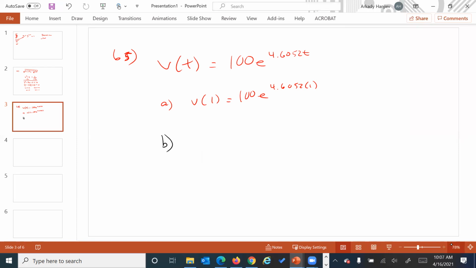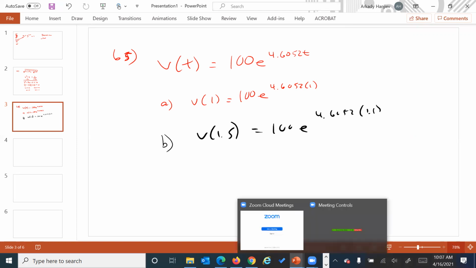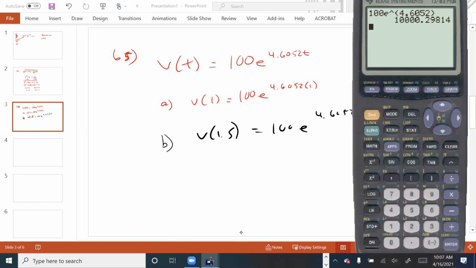And then this one, 1.5, so be careful here. This is 4.6052 times 1.5. How do we punch it into the calculator? Real quick, tricks of the trade, you guys ready? See how it says entry over here?